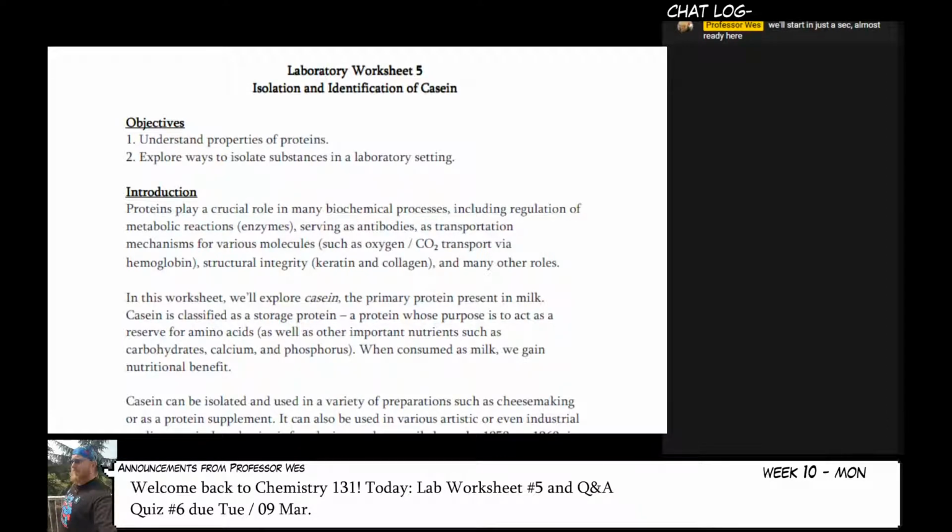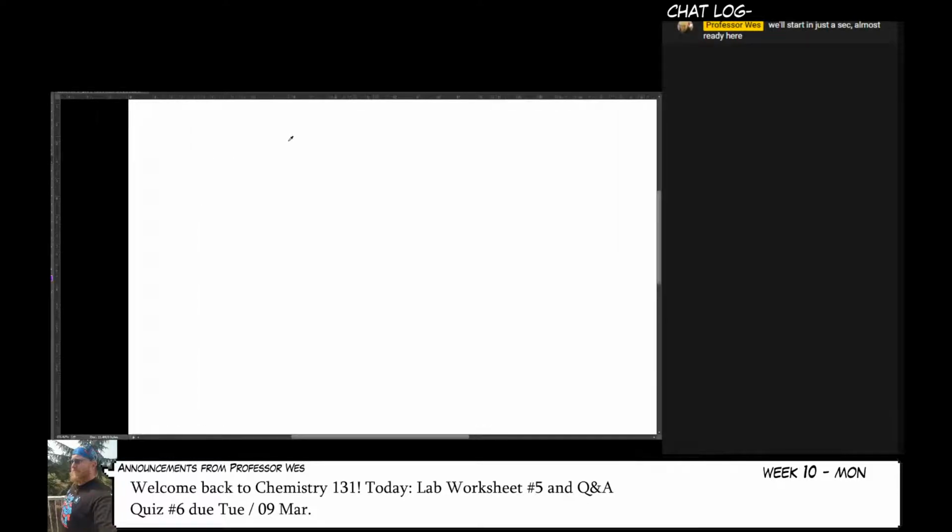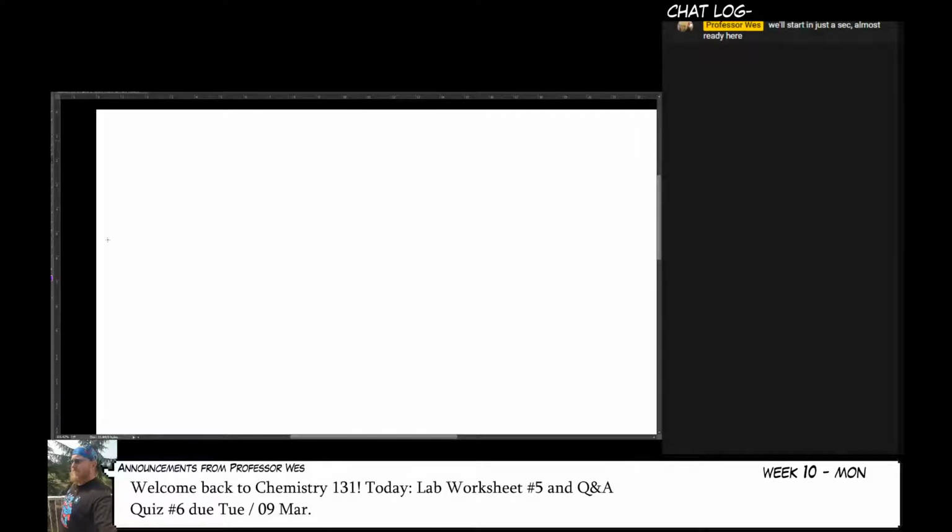Proteins are amino acids. So just to go really quickly to this right here, we could draw a basic protein like this. On one side of our protein, we have an amine group.